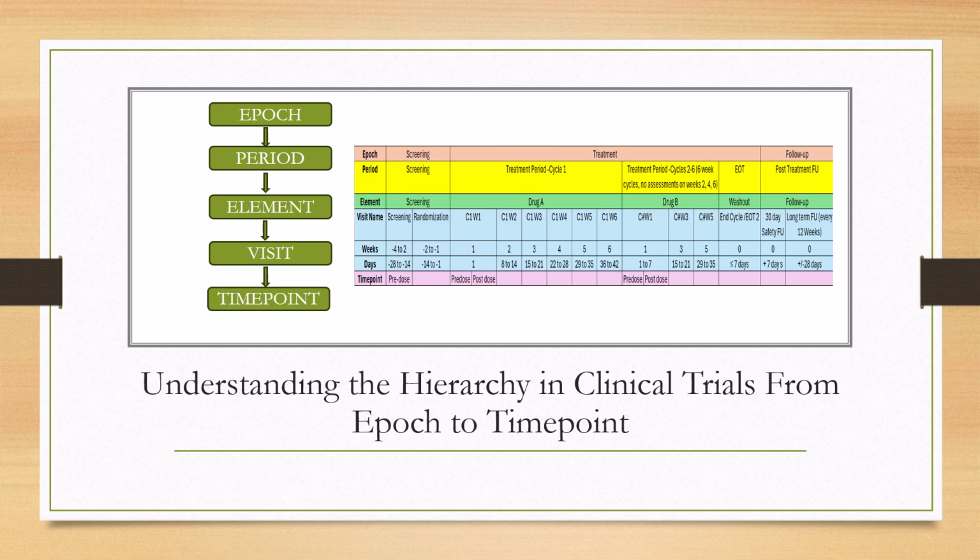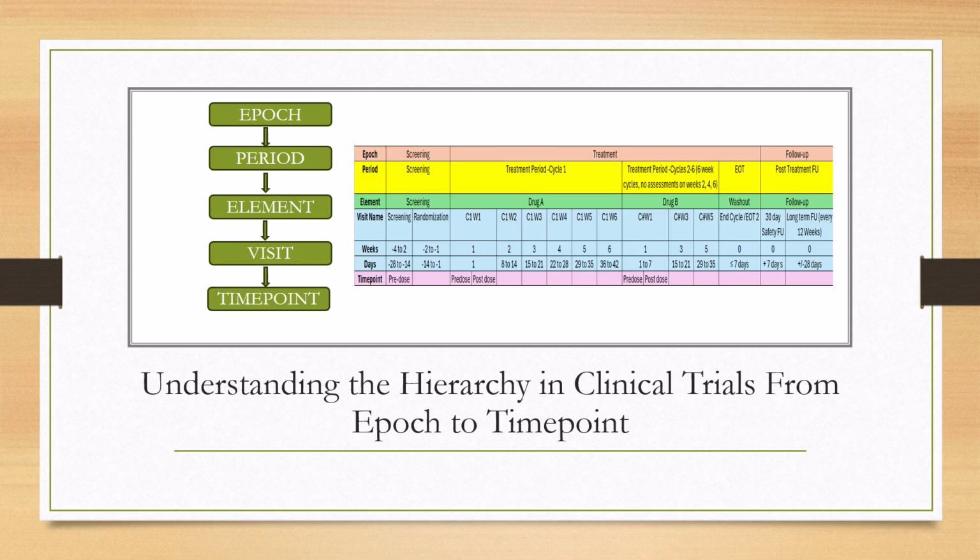In clinical trials, element and epoch are both terms used to define time periods within a study, specifically when creating the trial design domains. But they represent different levels of detail. The element is the smallest planned unit of time in a trial where the subject receives a specific intervention or follows a particular schedule.